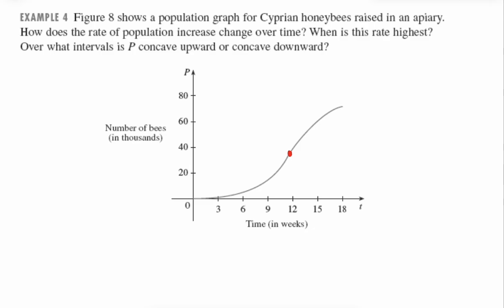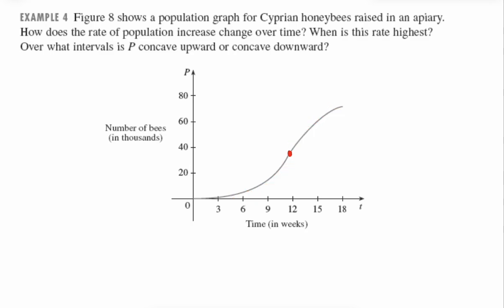So if we look at our graph, all of our tangent lines have positive slopes. It's an increasing function. Look, positive slope, positive slope, positive slope, positive slope. But here the tangents are under the graph. Here the tangents are over the graph.